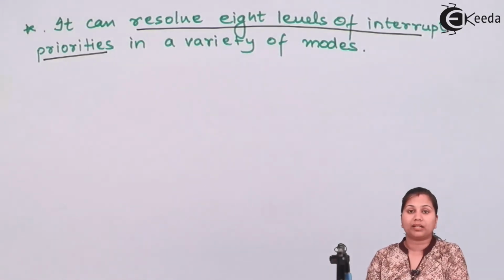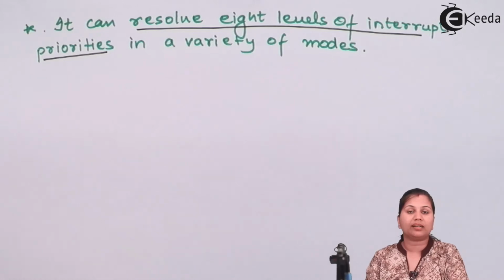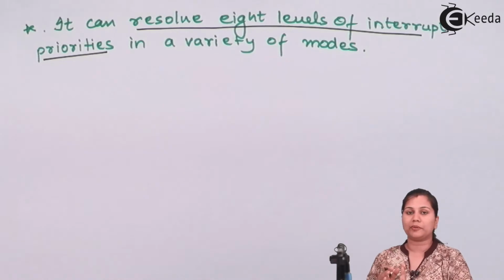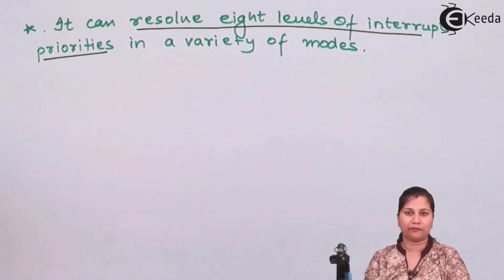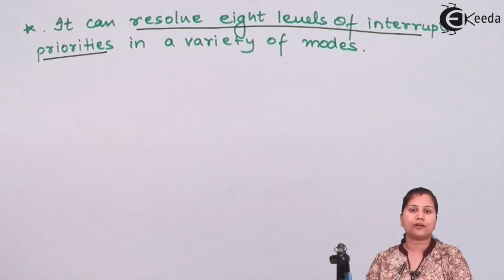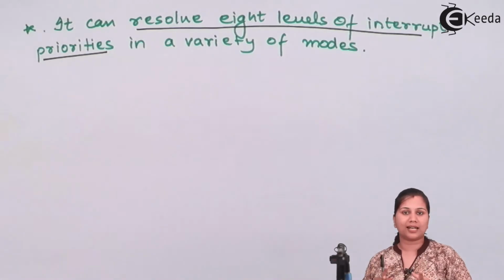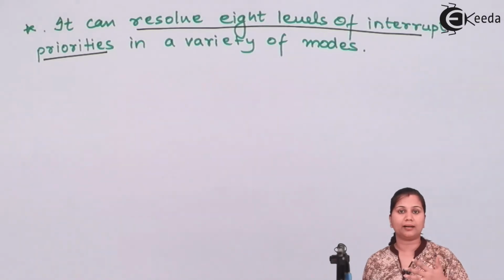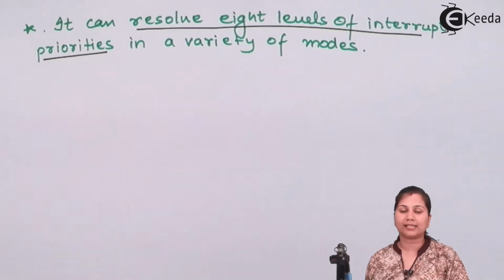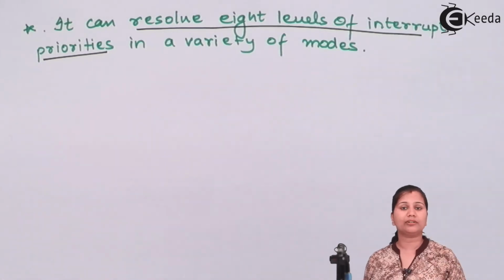Now, these priorities can be changed while the interrupt requests are being serviced by the microprocessor. That means even while the microprocessor is executing the service routine of an interrupt, the priority of interrupts can be changed. The running status of the priorities can also be changed. Like if the microprocessor is running an interrupt which has the highest priority, and in between the execution of its service routine, the interrupt which has the lowest priority can also be accessed.